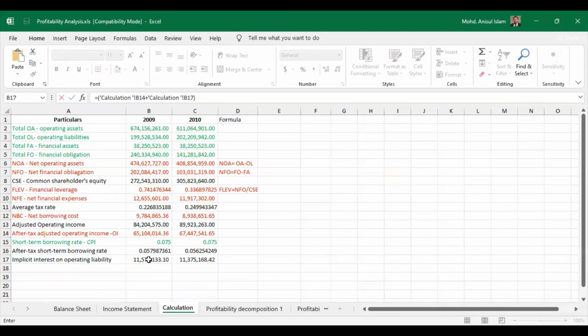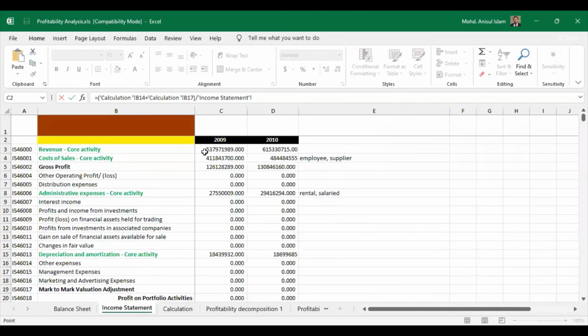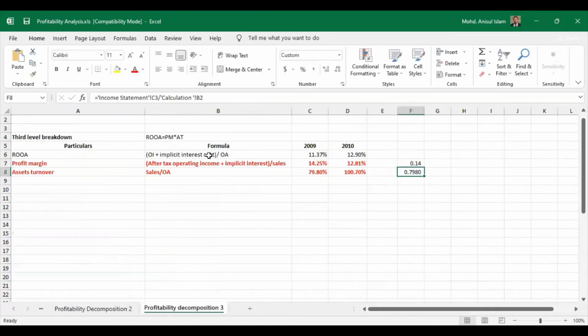Then we divide this number by sales, because we are calculating the profit margin. So this is the profit margin.